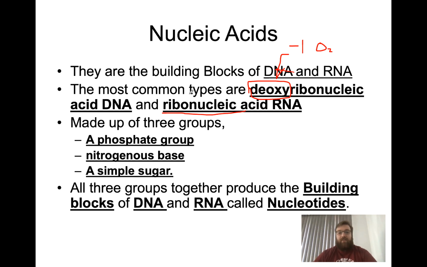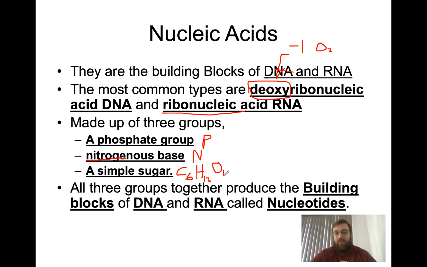These acids are made up of three different parts: a phosphate group, which on the periodic table is letter P, bonded with other elements; the nitrogenous base, nitrogen, we see in the name, so that's N; and our simple sugars, which, if you guys remember, is C6H12O6.